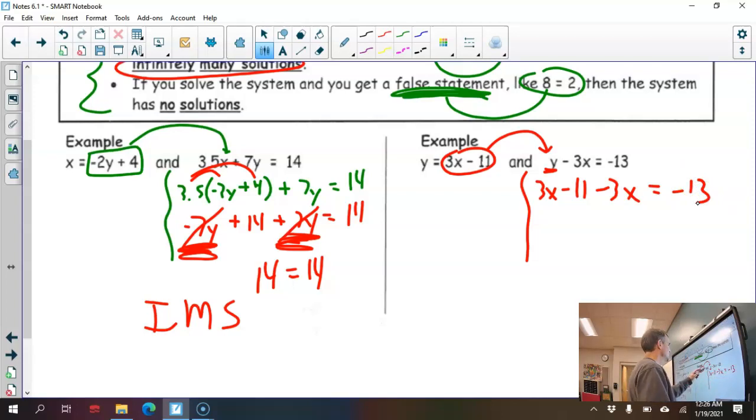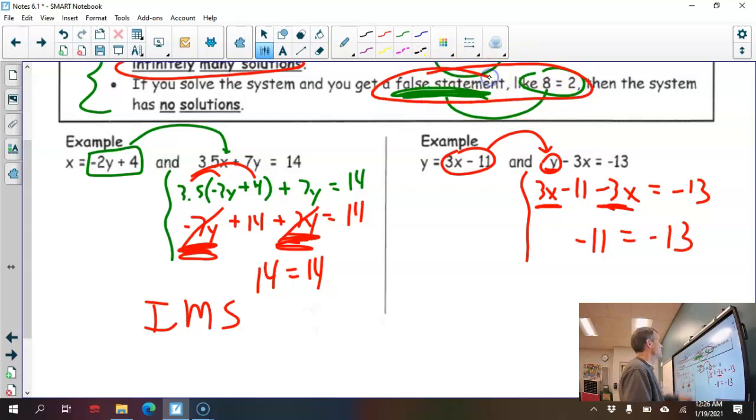So I substituted this in for y and got that. Now I can start solving this. I would combine my like terms, but uh-oh, 3x and negative 3x cancels out. No more variable. I'm left with negative 11 equals negative 13. Well, that is a false statement. And a false statement means that this system has no solutions.